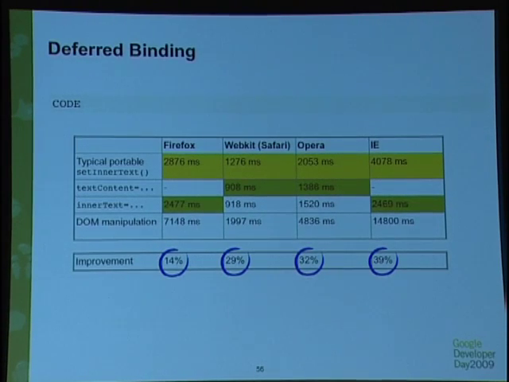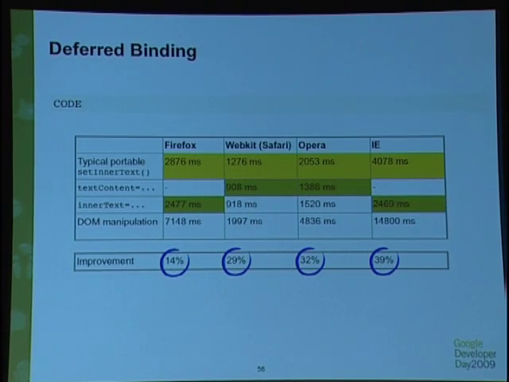Because Firefox users only download the version of your code for Firefox. Safari users only download the Safari version of the code. So there's in this case, 4 different versions of your application sitting on your server, and users only download the one that they need.